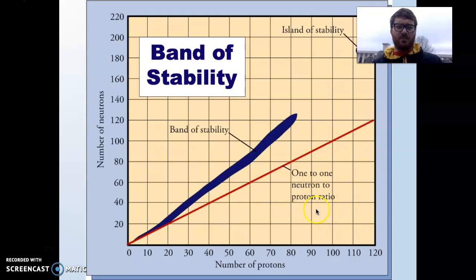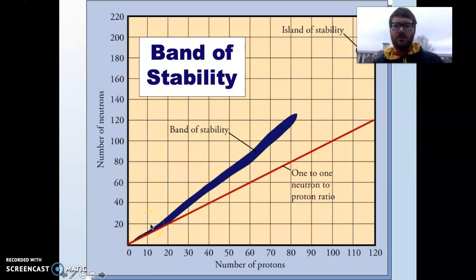So let's say here's the number of protons. Let's go with a very well-known atom. Let's go with sodium. It's number 11. Sodium's right about here. So you can see, if you go to about here, sodium is stable within a very short range of neutrons. It's stable with 11, 12, maybe 13.